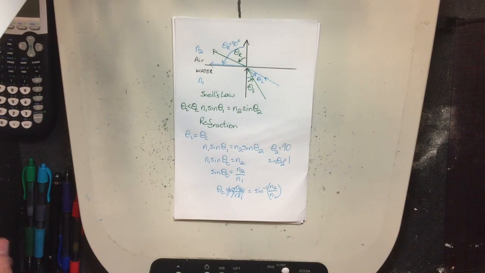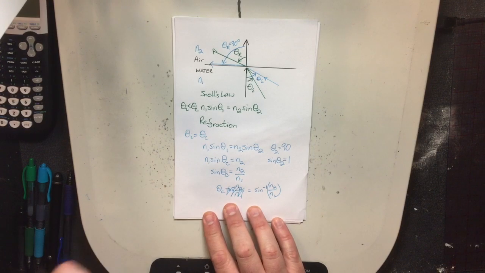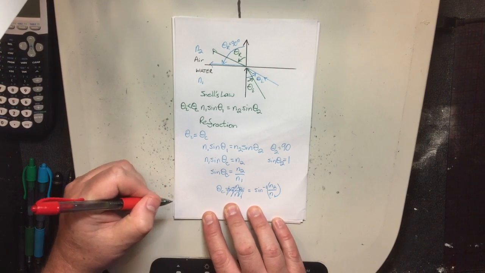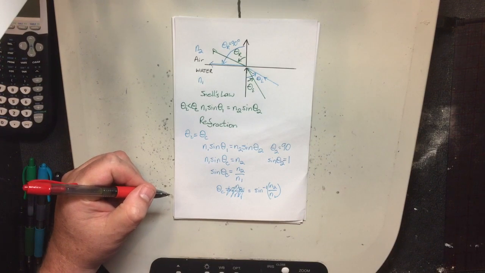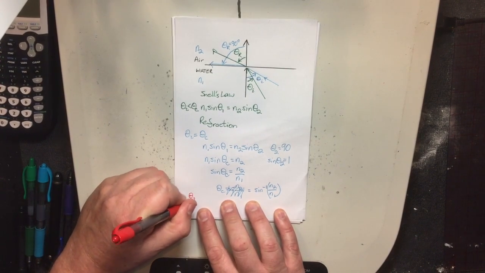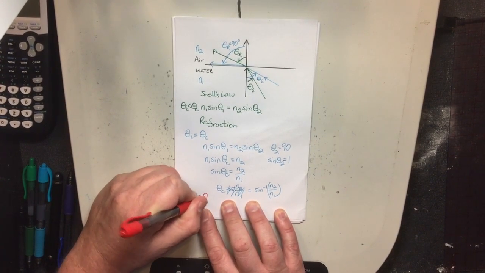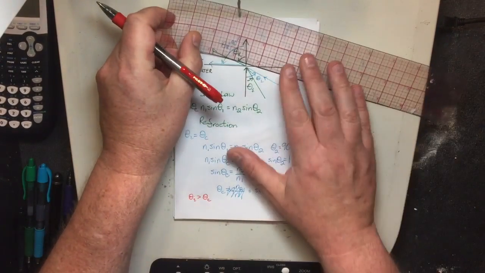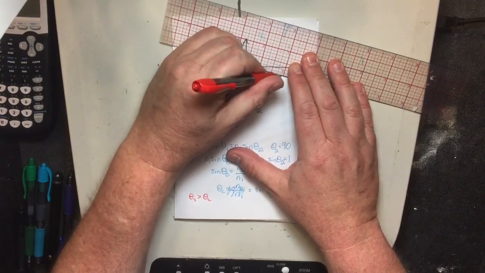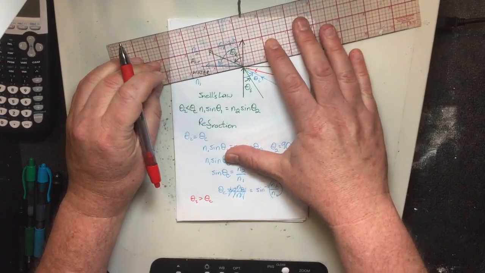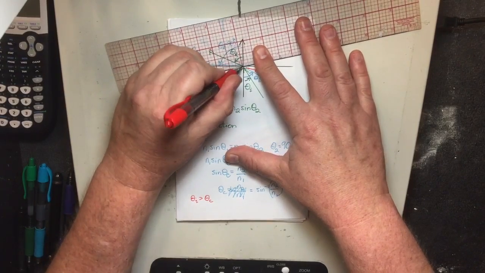Say that again. Glad you asked. For angles of incidence greater than the critical angle, you get reflection.